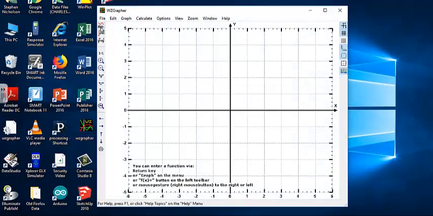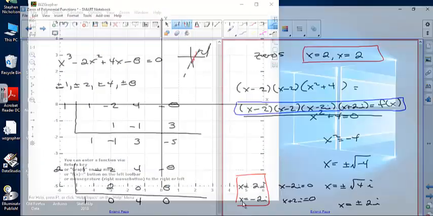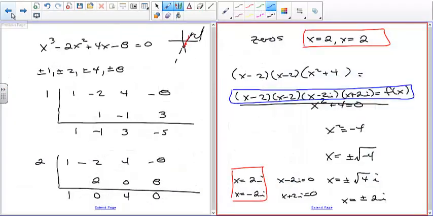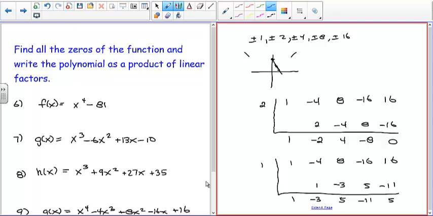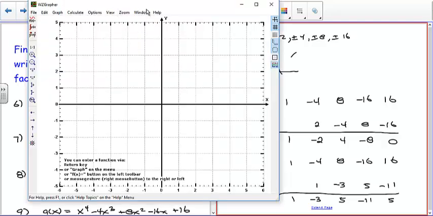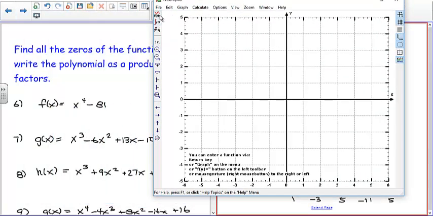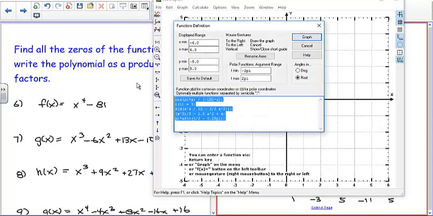Let's see what it looks like. Let me go back to the original function here. I've got x to the 4th minus 4x cubed plus 8x squared minus 16x plus 16.